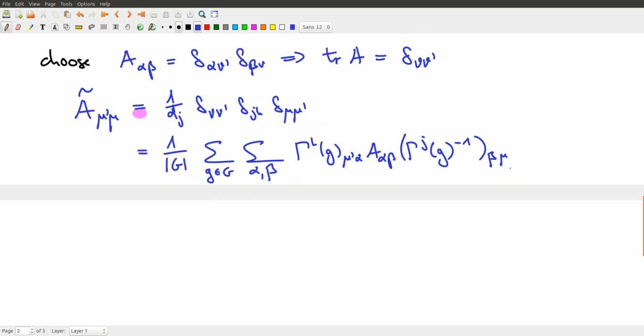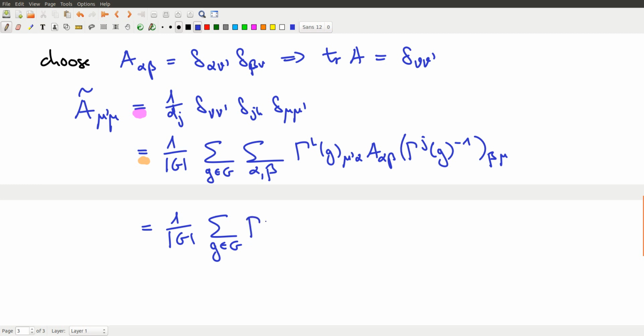Okay, but we just fixed the A alpha beta to these Kronecker deltas. So these two sums here collapse to just one term. Maybe I should indicate that now we use the orange definition of the A tilde, and now we use the deltas in order to write it like this. It's only a sum over the group elements again.